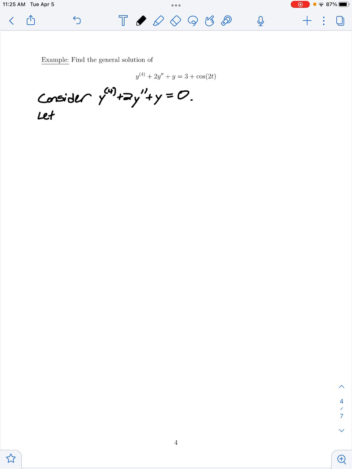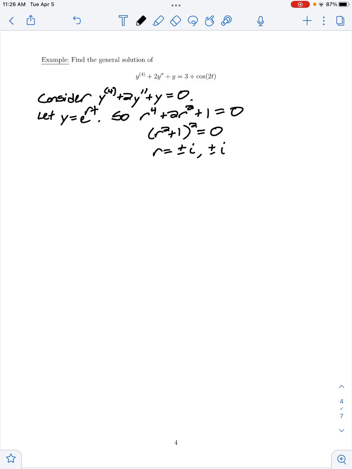And to solve this, we look for solutions of the form y equals e to the rt power, which gives us a characteristic equation of r to the fourth plus 2r squared plus 1 is 0. And this can be factored as r squared plus 1 quantity squared. So we find that our roots are plus or minus i with a multiplicity of 2.